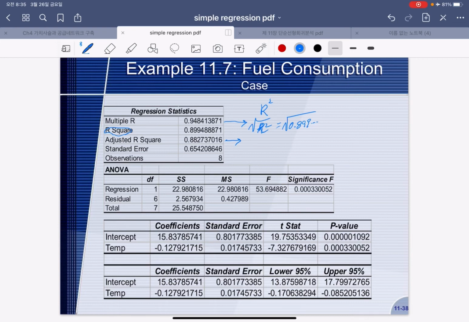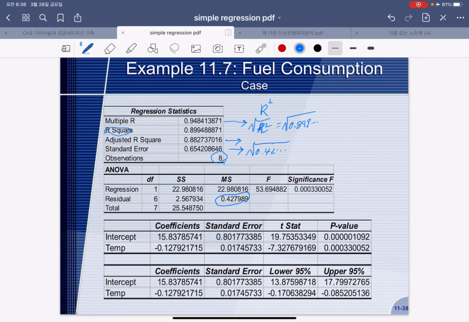And the standard error is simply the square root of this value, 0.42 something. And we have 8 data points. So from this table, the R square is the most important thing, and it shows the degree to which x explains y.